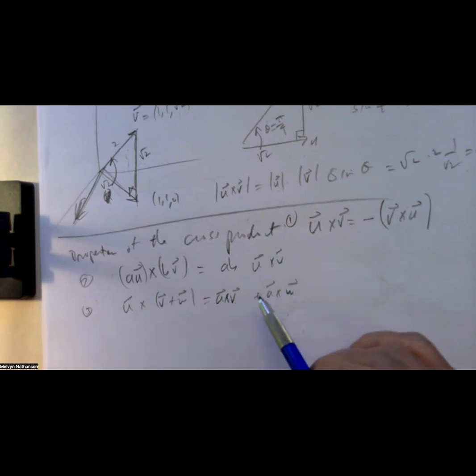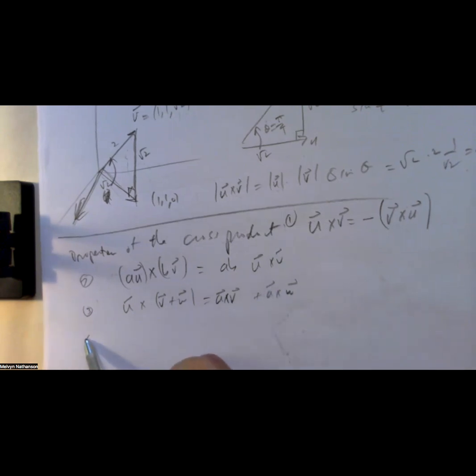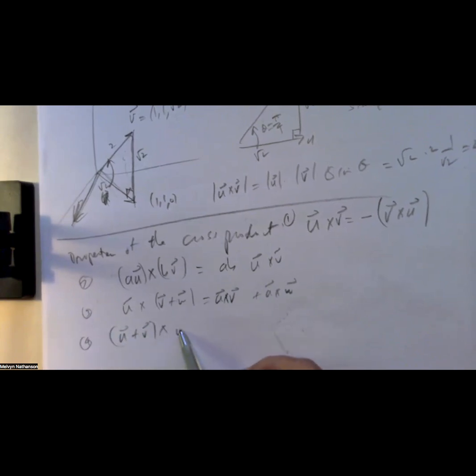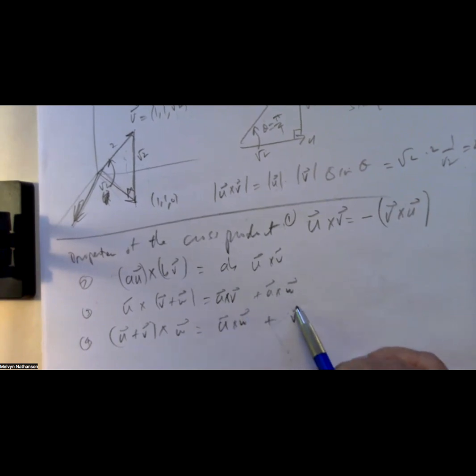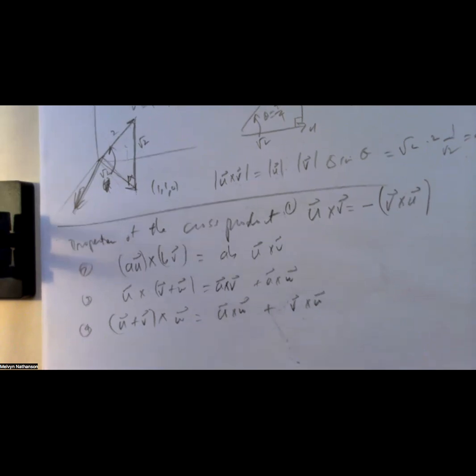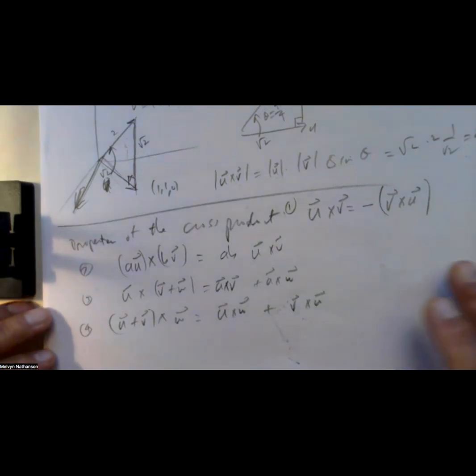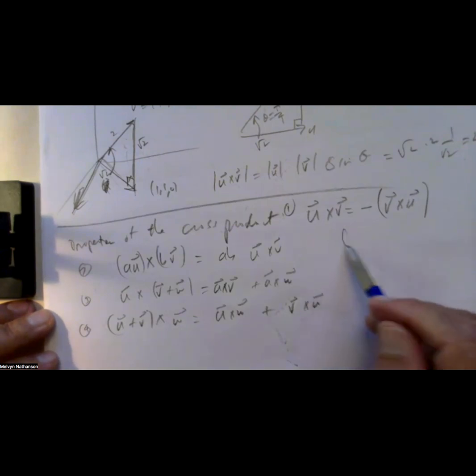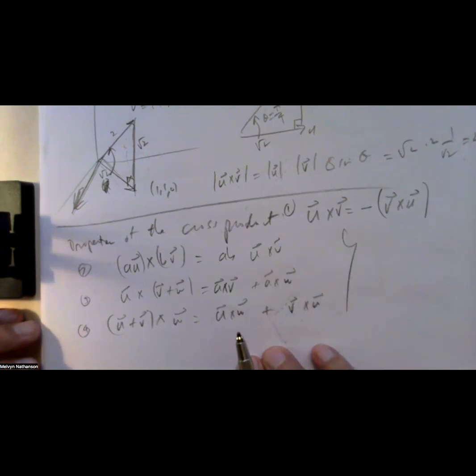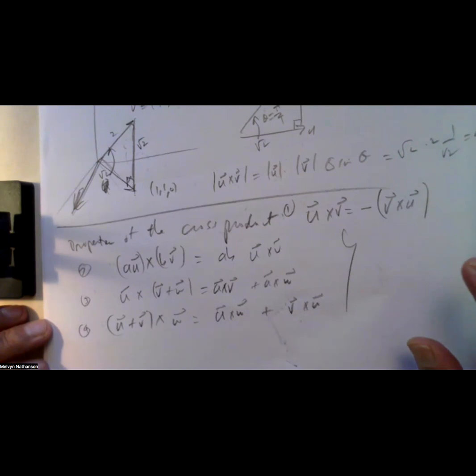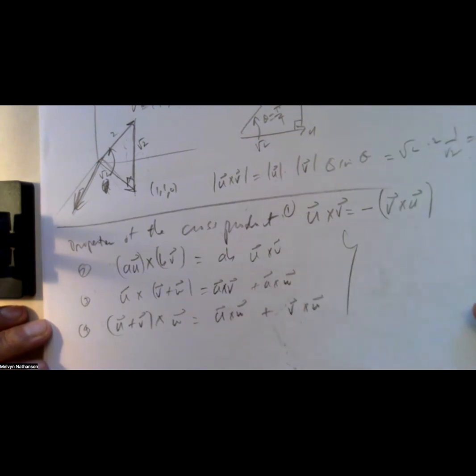And this is distributive on both sides. So (u plus v) cross w is u cross w plus v cross w. So these are sort of basic algebraic properties of the cross product. And this is all we need to be able to figure out a coordinate-wise expression for the cross product.